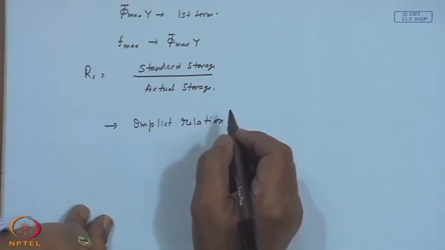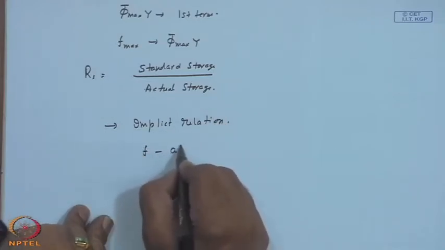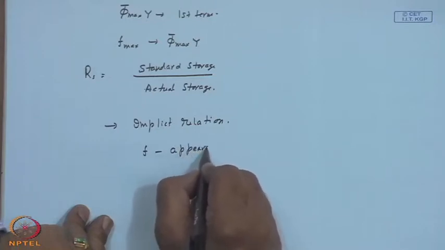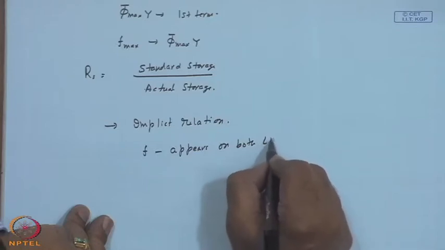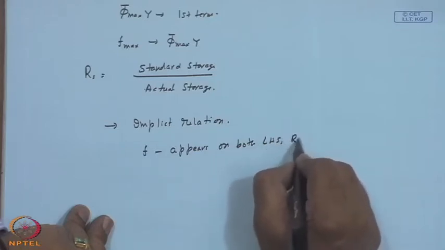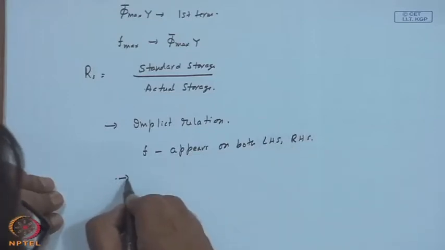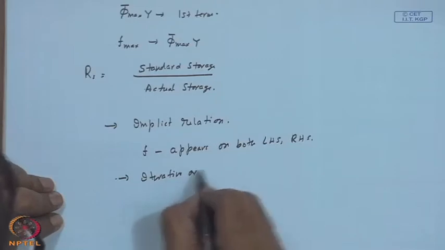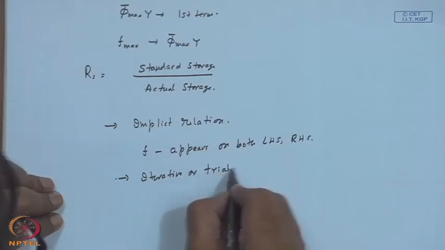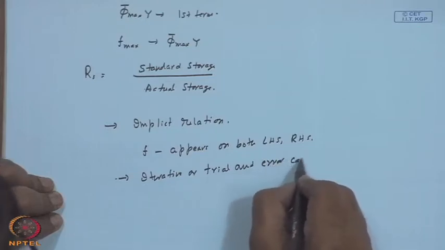That is, your f appears on both the left hand side and the right hand side. It can't be separated. So, this needs an iterative or trial and error calculation.